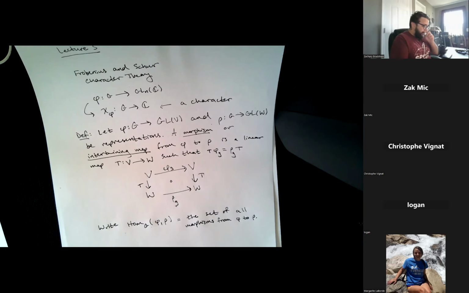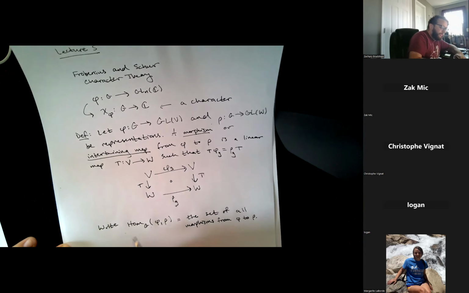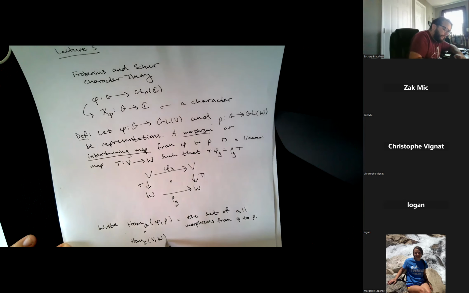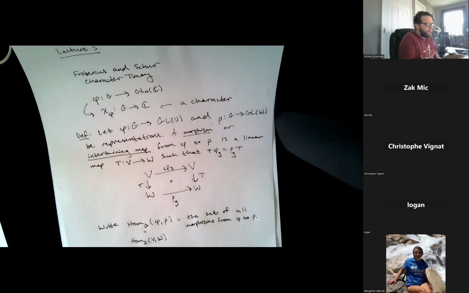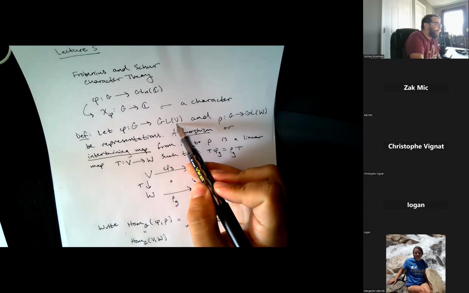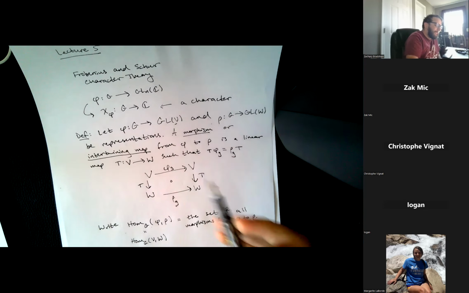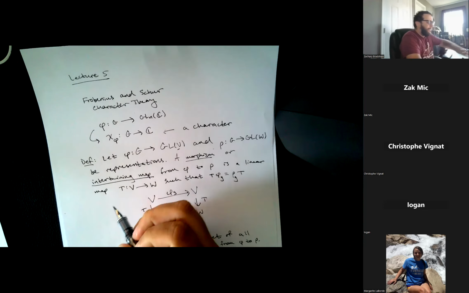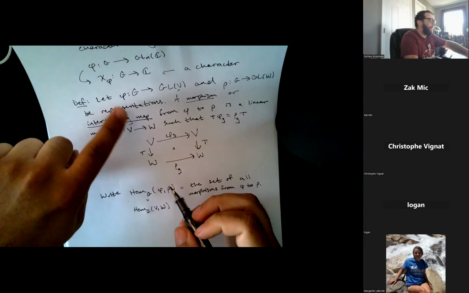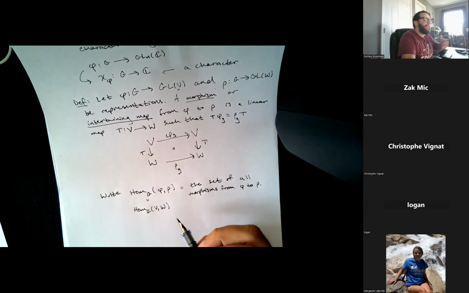Okay, so in the literature, you might also see this written as Hom_G(V, W). There is an abusive notation that happens a lot in the literature where the vector space is referred to as the representation, which sounds a little weird at first, but the representation, the actual map itself in that case would be the implicit thing.